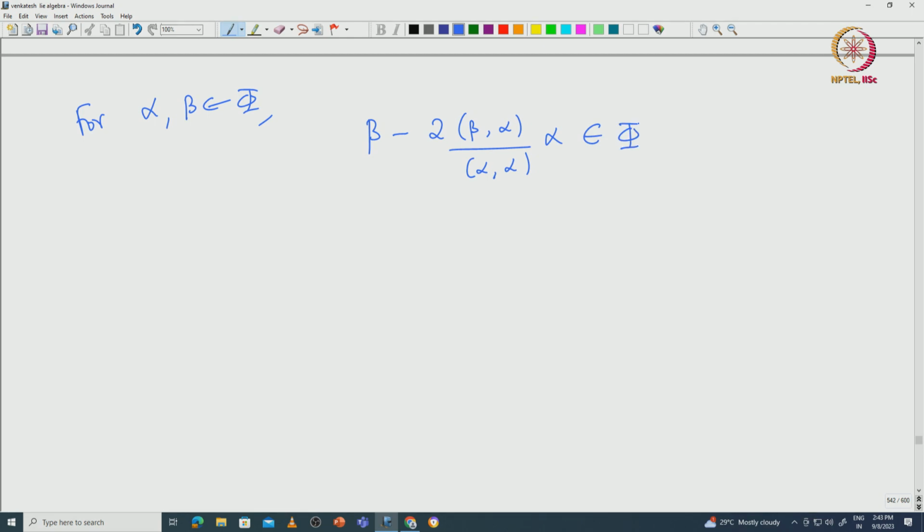This formula in some sense possesses lots of information about these roots. Let us closely look at this formula.